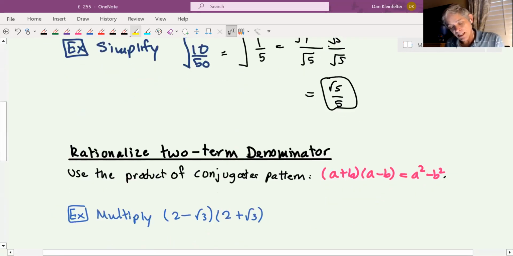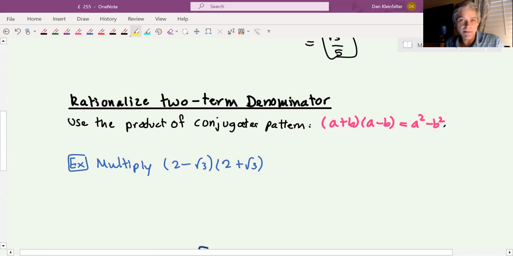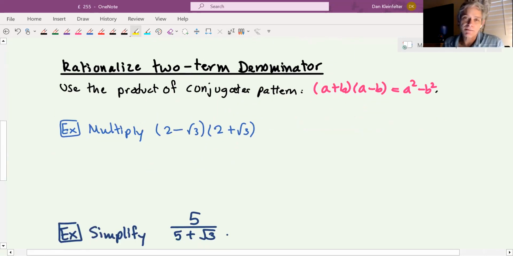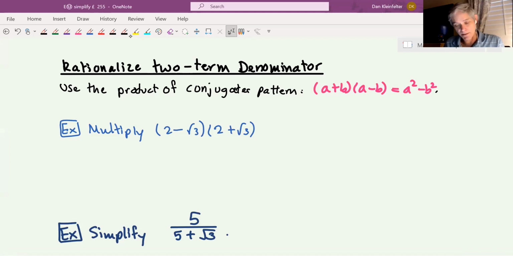Our last topic for this section is what do you do if the denominator has two terms in it? In order to do that, we use the difference of squares formula, also known as the conjugate binomial formula. So remember that a plus b times a minus b is the same as a squared minus b squared. When you multiply these two binomials together, you end up with just the a squared and just the b squared.